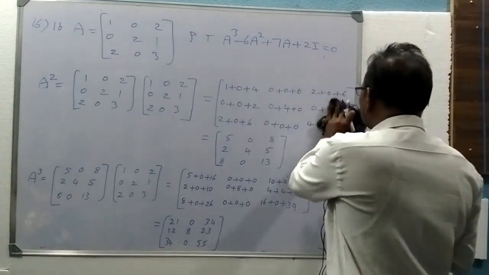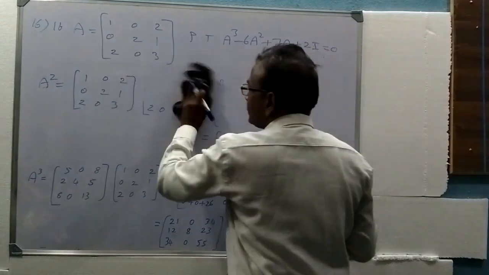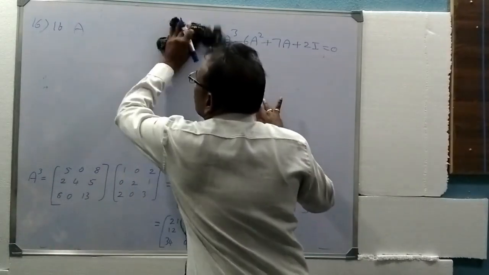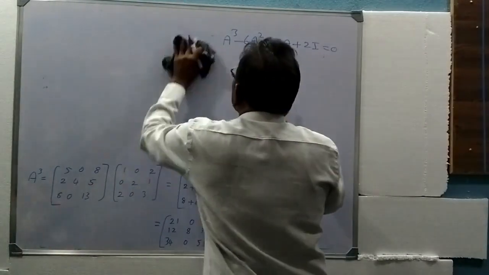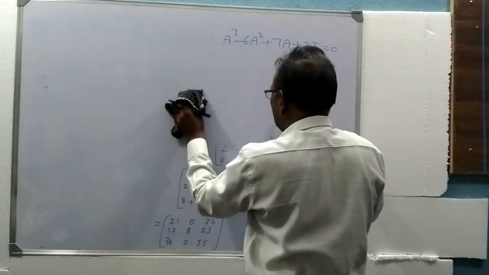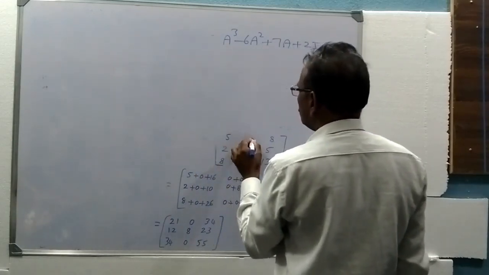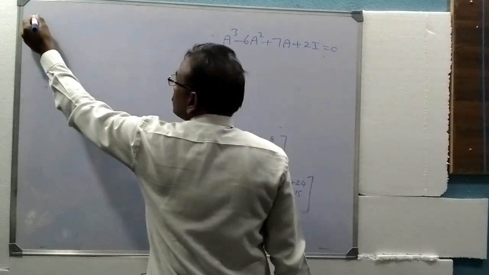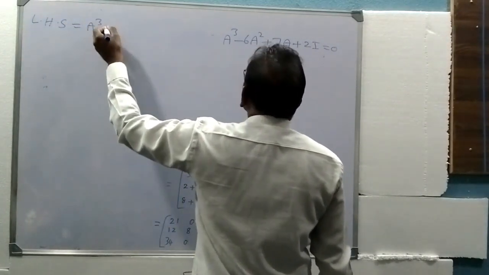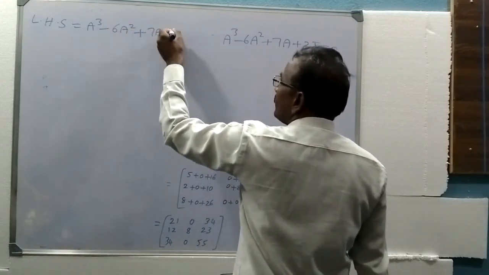So take LHS. Your LHS is A cube minus 6A square plus 7A plus 2I.